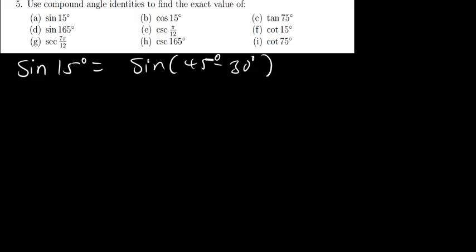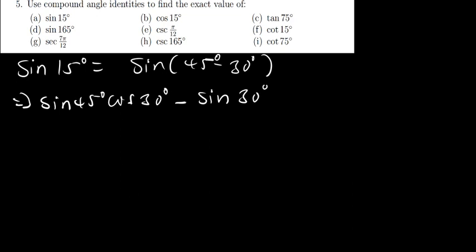Now I'm going to use the formulas we have just come up with to find the exact value. So this is going to be sine 45 degrees times cos 30 degrees. Since there is minus, it will be minus sine 30 degrees times cos 45 degrees.